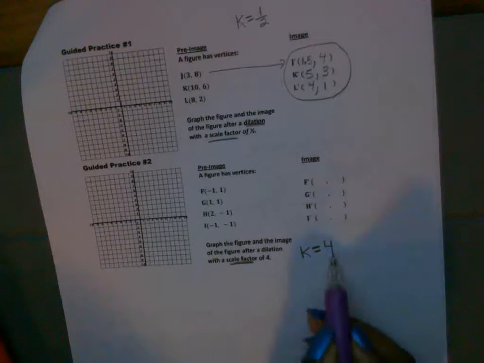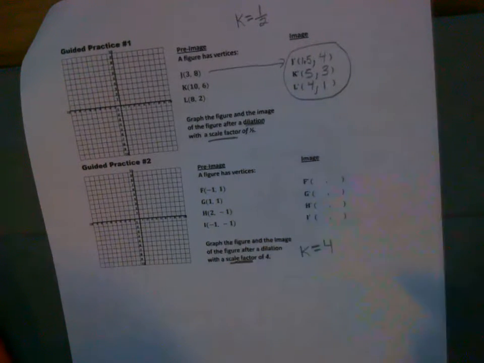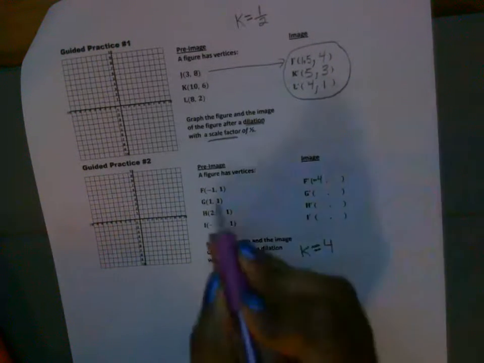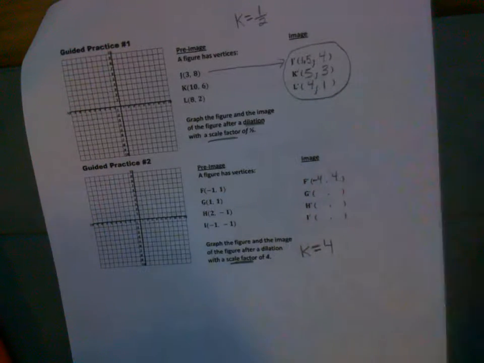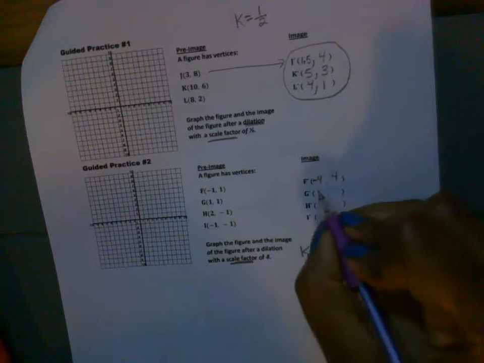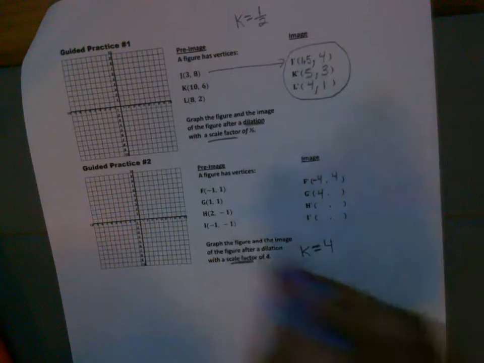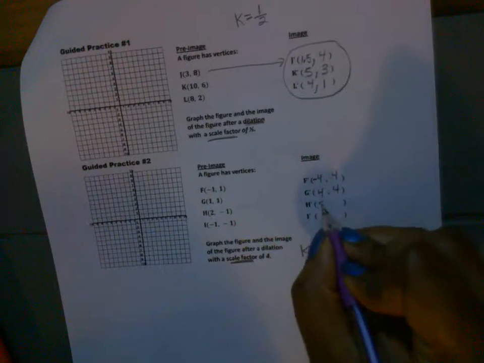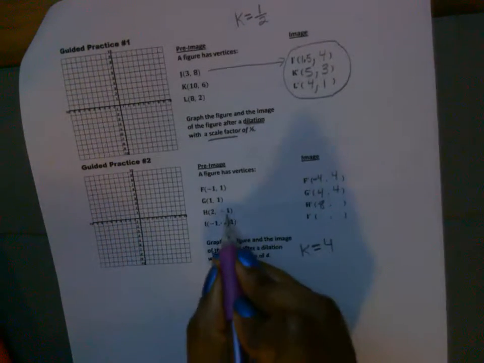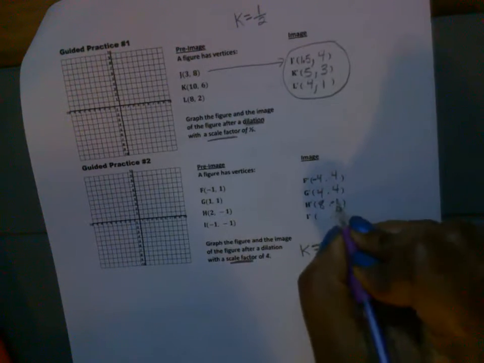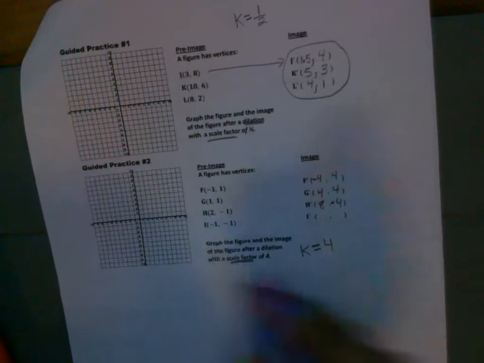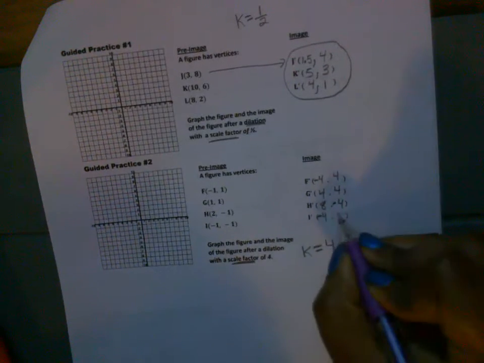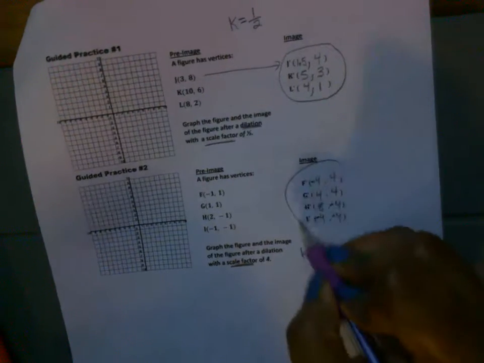So you're going to multiply 4 times all of these numbers. 4 times -1 is -4. 1 times 4 is 4. 1 times 4 is 4. 1 times 4 is 4. 2 times 4 is 8. -1 times 4 is -4. -1 times 4 is -4. -1 times 4 is -4. And this is your answer.